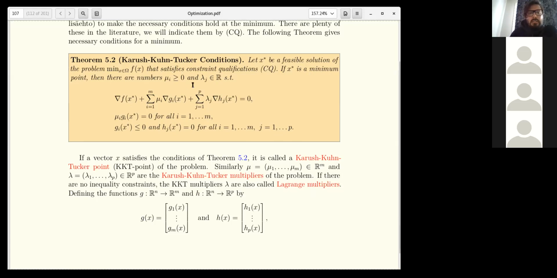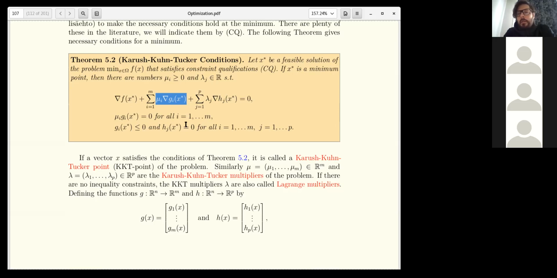These lambda constraints are often called Lagrange multipliers. In a situation when these mu conditions, these g conditions, these inequality constraints do not exist, if there are no inequality constraints, these multipliers are often called the Lagrange multipliers.